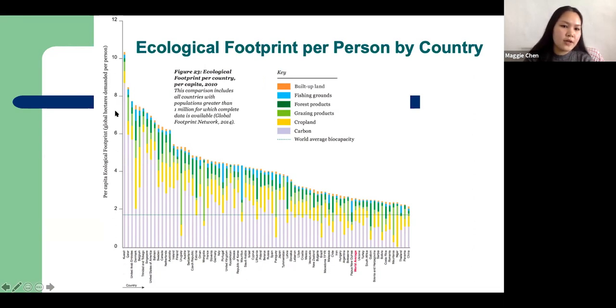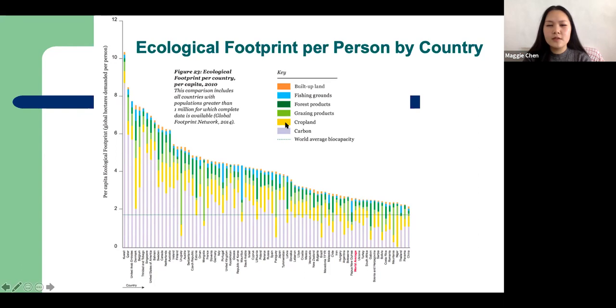On our Y axis is the per capita ecological footprint per person. Each person is estimated as an average in that country to have this ecological footprint. Our key shows what their ecological footprint is made up of.